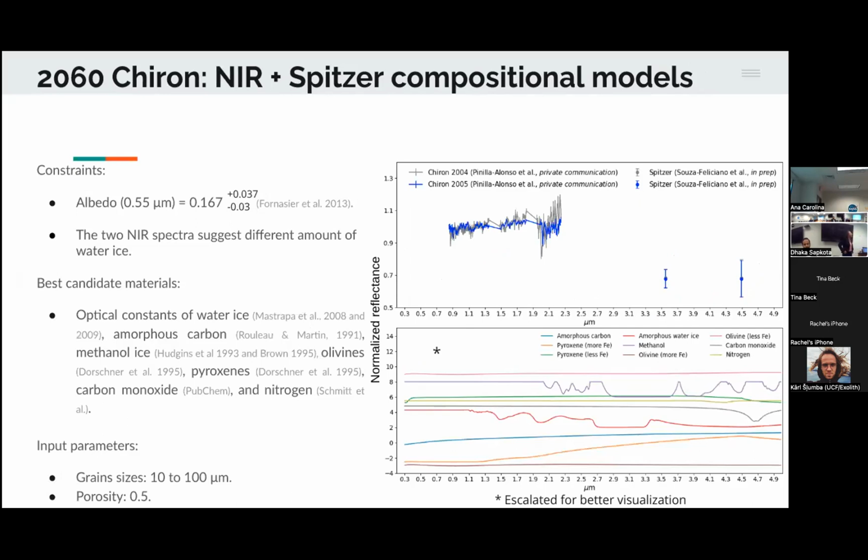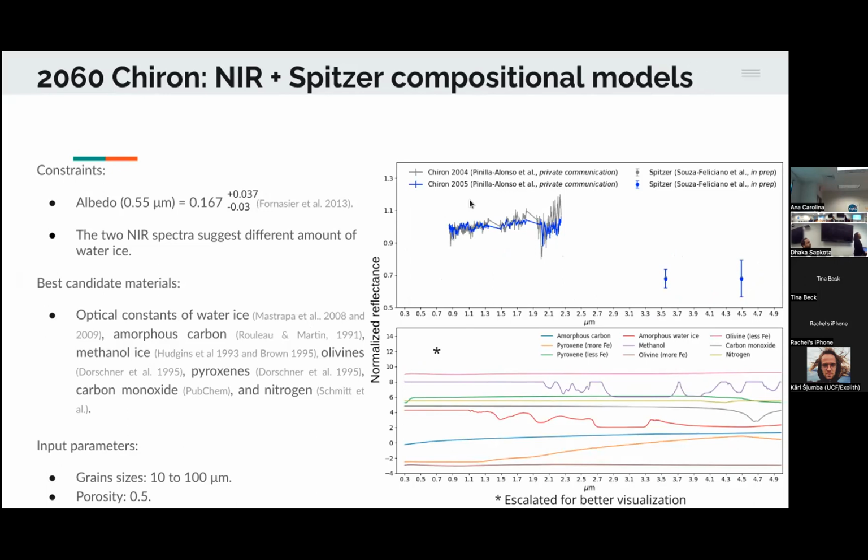For Chiron, we had two spectra. They were obtained in different years. The gray one was obtained in 2004 and the blue one in 2005. They had different behaviors in this region of 2 microns. It's the region where the water is absorbed.